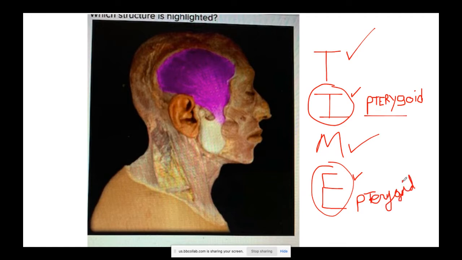Now, sometimes the internal pterygoid is called the medial pterygoid. And sometimes the external pterygoid is called the lateral pterygoid. So 4 muscles of mastication. What does mastication mean?